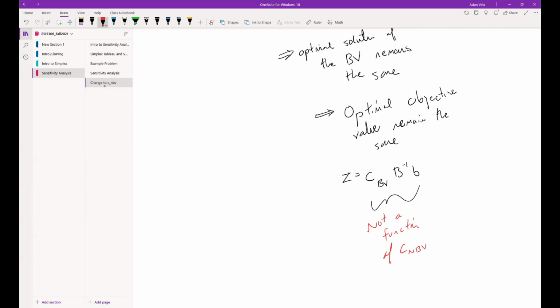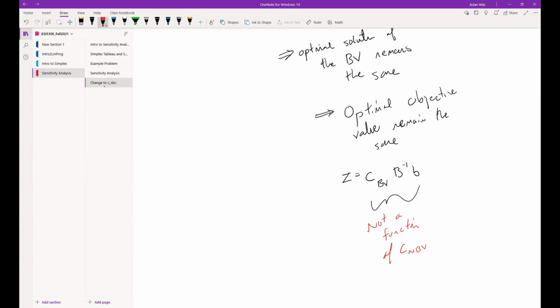So that's neat. Our solution remains the same. Now, if delta ends up being bigger than 5, then our optimal basic variables will change, so our solution will completely change. This tells us how much you can play with the non-basic variables and still get the same solution.